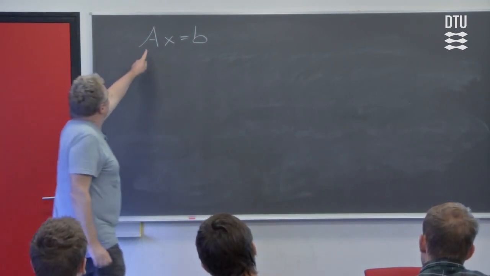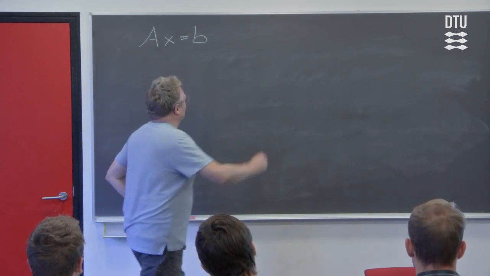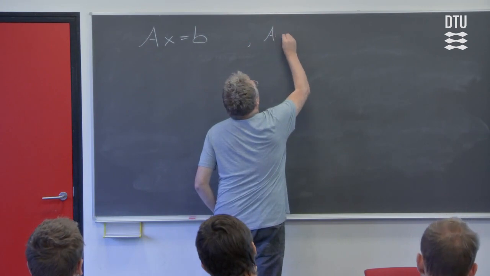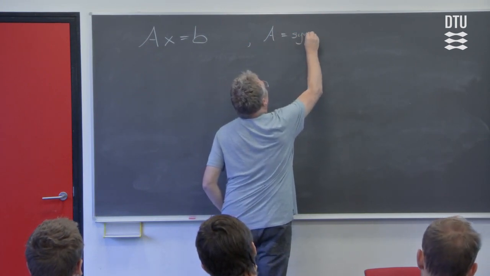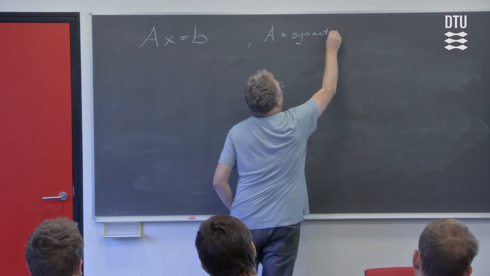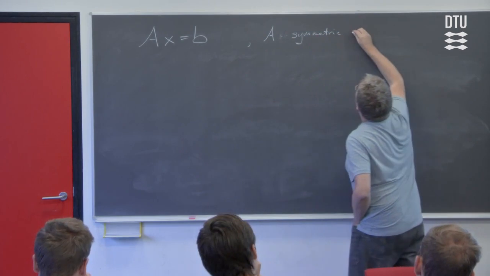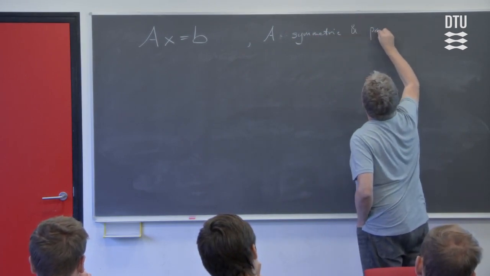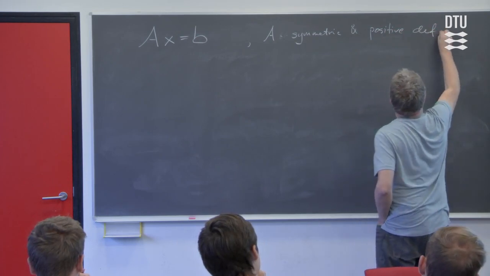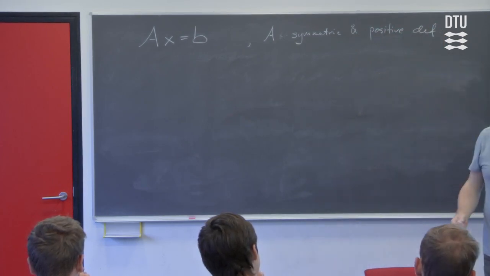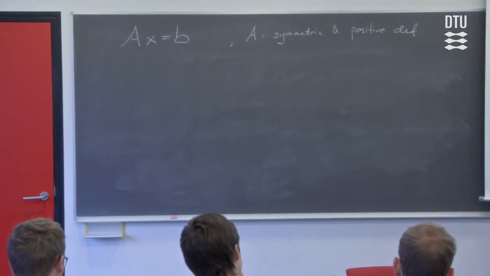But A needs to have a particular property. A must be symmetric and positive definite. When that is true, we can use the conjugate gradient algorithm.